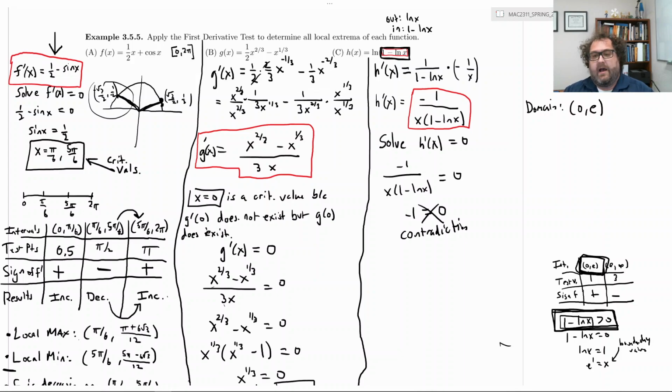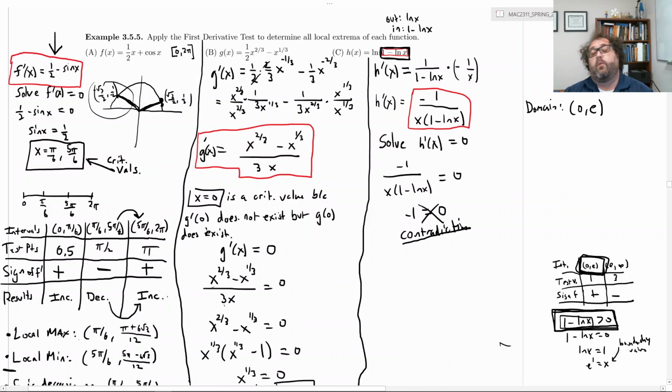Now let's go back to the critical value discussion. We already said that 0 is not in the domain, so 0 can't be a critical value. We said there are no solutions to the derivative set equal to 0 because there's a contradiction here. So there are no critical values.